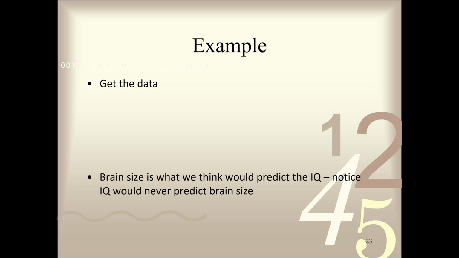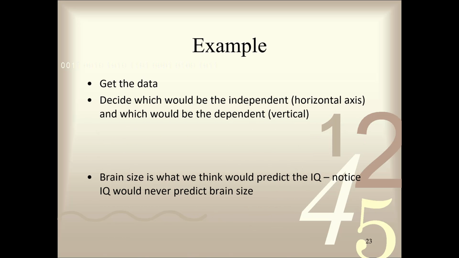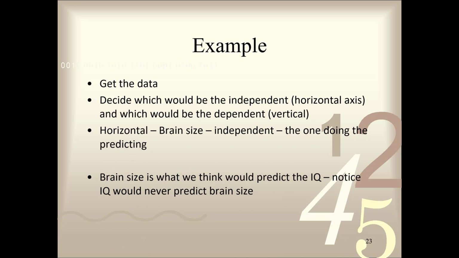Okay, so first step is get the data, decide which would be the independent and which would be the dependent. So in this case, I would expect brain size to predict IQ, not the other way around. You're born with a certain brain size, and that might predict IQ. We wouldn't expect IQ to predict brain size. So the horizontal axis is going to be brain size, the independent variable, the one doing the predicting. And then the vertical is IQ.